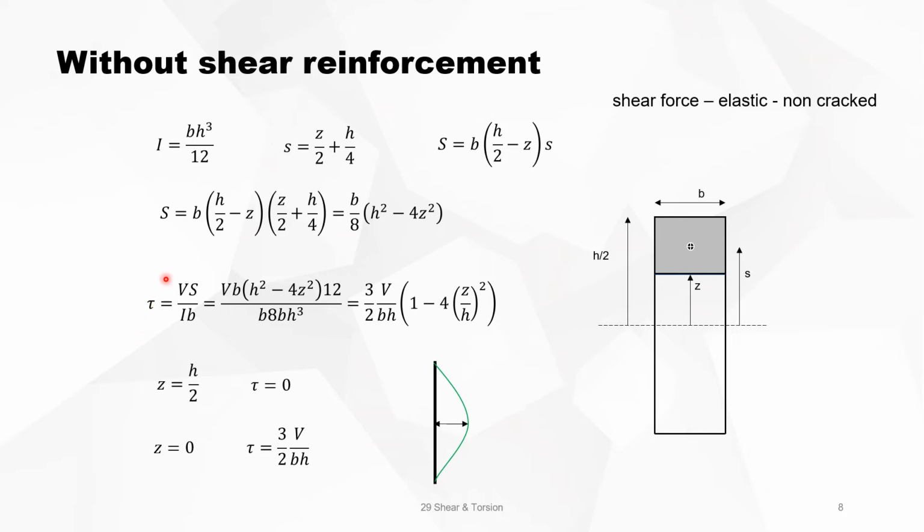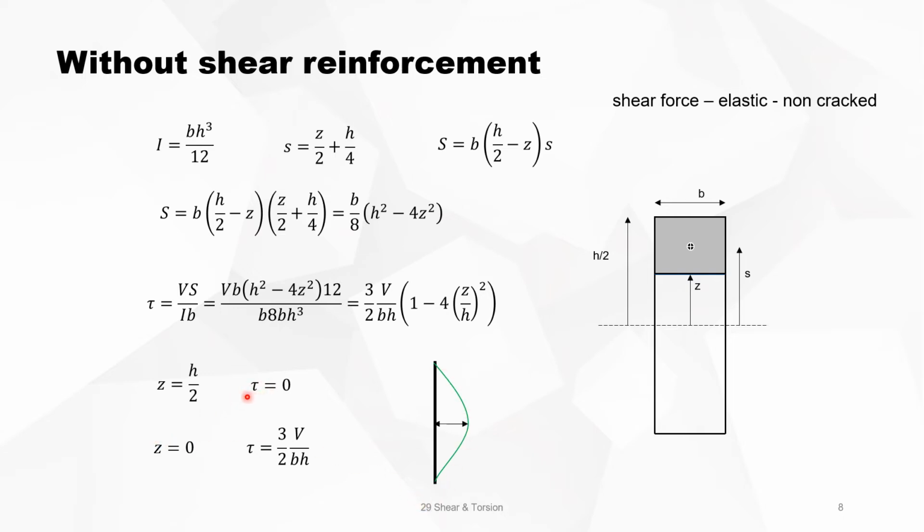The shear stress is then V times S divided by I times b. If we just use the formula standing here, then this is the expression of the shear stress in function of z. And you see immediately this is a parabolic curve.